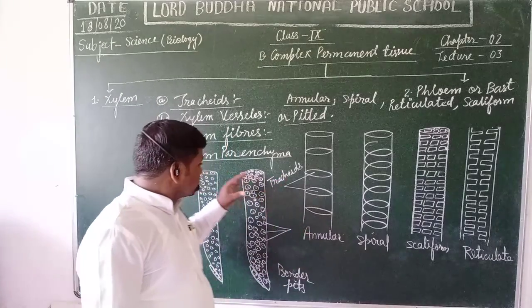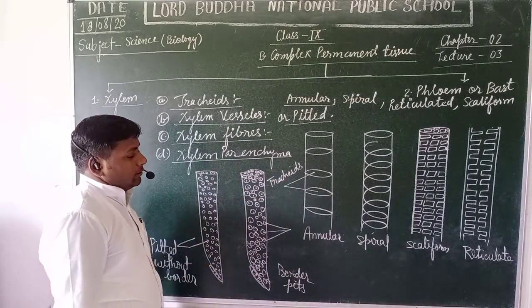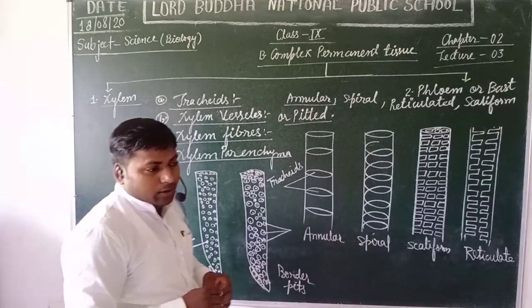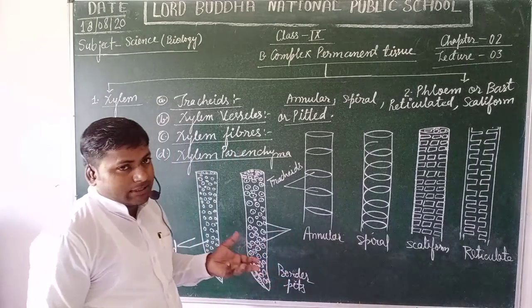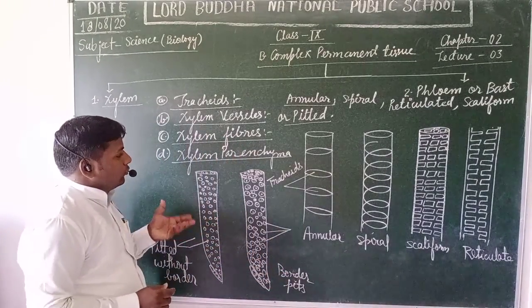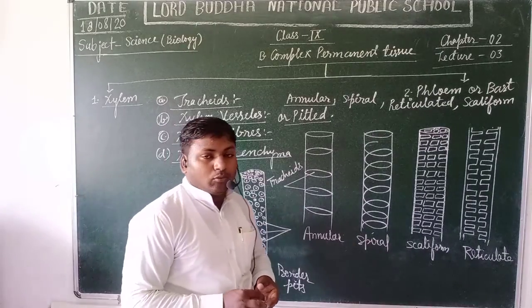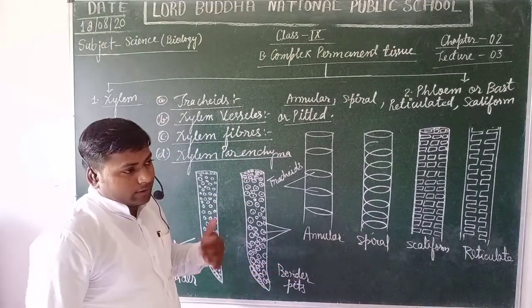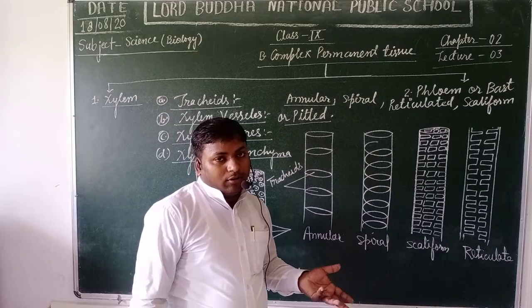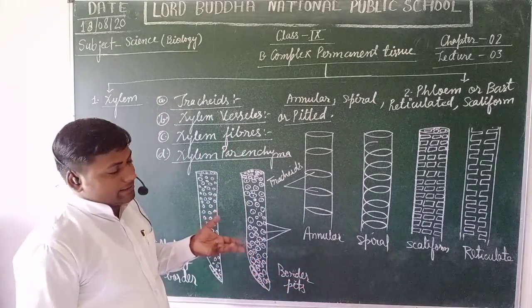During the winter, these xylem parenchyma allow the seepage or passage of more water, and that water is stored for the arrival of unfavorable seasons.